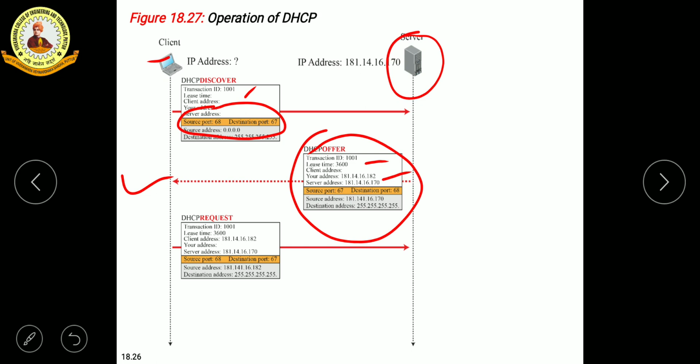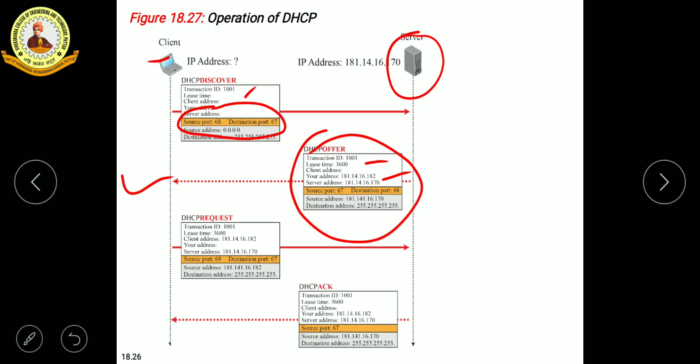Whenever the client makes this decision and sends it to the server, the server sends back the last response message, that is acknowledge. Whatever action the client has taken, it acknowledges it. So finally the selected server responds with a DHCP ACK message to the client if the offered IP address is valid.